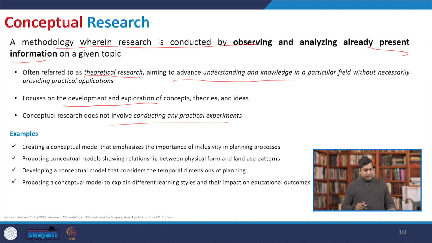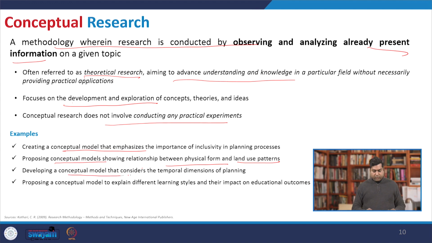So in this case, examples include creating a conceptual model that emphasizes the importance of inclusivity in the planning process. Many times you must have heard about inclusiveness, inclusive design, inclusive city, etc. So a conceptual model can be prepared. Proposing a conceptual model showing the relationship between physical form and land use pattern for a city.